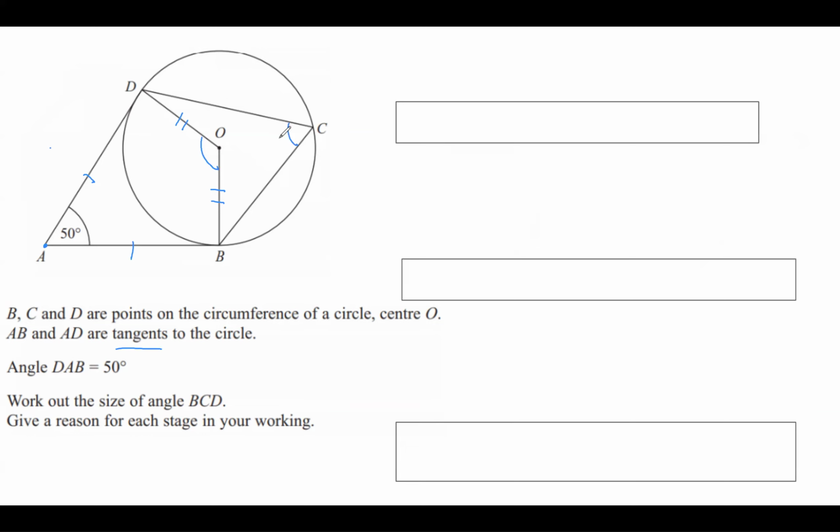Now, the other circle theorem that we could use here is the radius meets the tangent at 90 degrees. And likewise over here, the radius meets the tangent at 90 degrees. So I'm going to say angle ADO is equal to angle ABO, all of which are equal to 90 degrees.